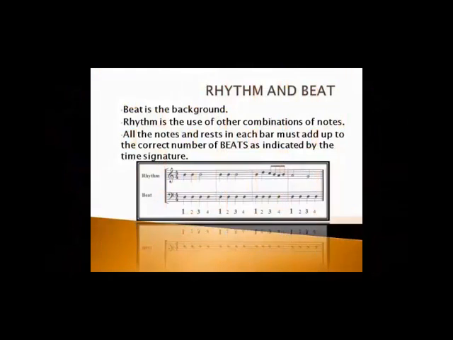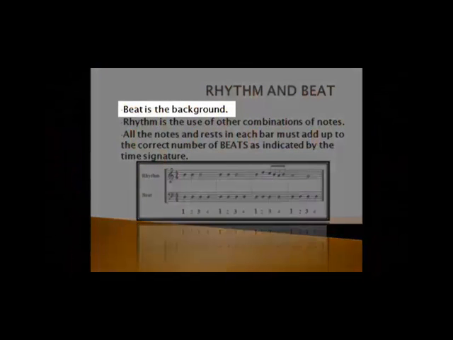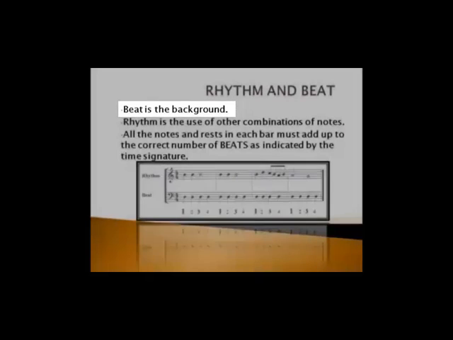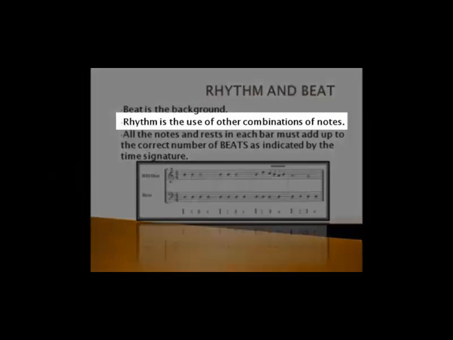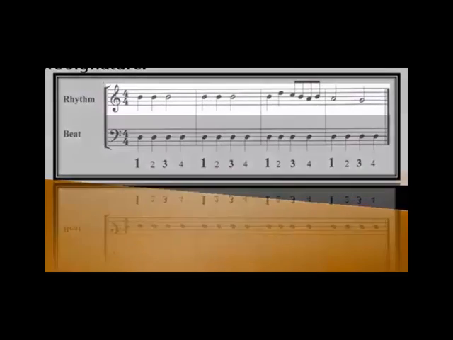The beat doesn't change. So if you're in 4/4 time, your beat is always 1, 2, 3, 4, 1, 2, 3, 4. That never changes. The rhythm is any other combination of notes. So the rhythm on your slide that you're looking at is this.